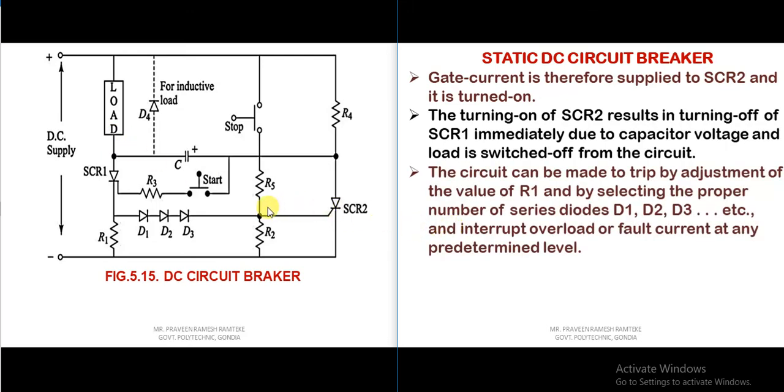The circuit can be made to trip automatically by adjusting the values of R1 and by the proper selection of the number of the series diodes D1, D2, D3 and so on, and interrupt the overload or fault current at any predetermined level.